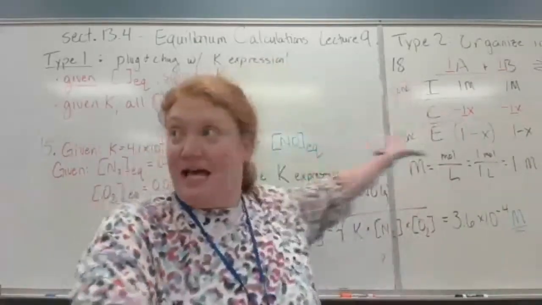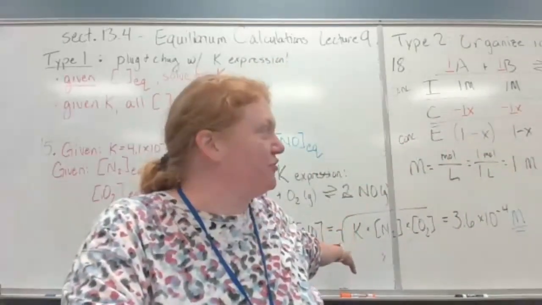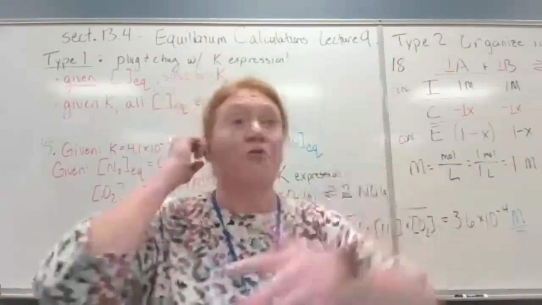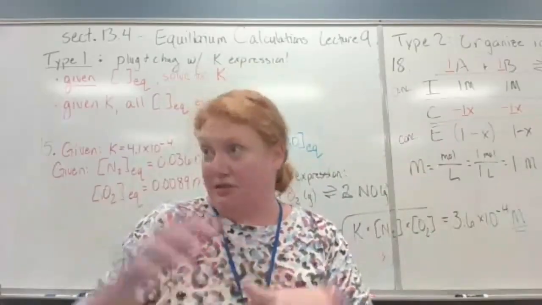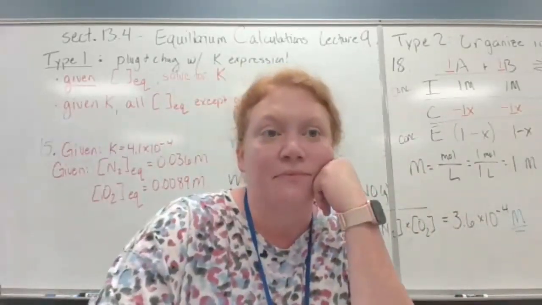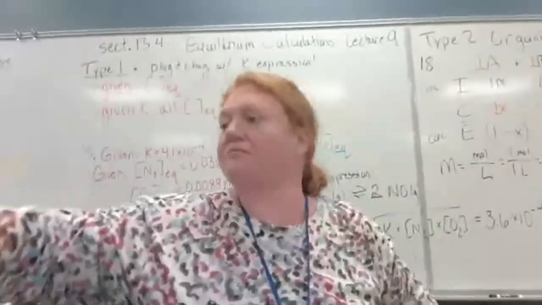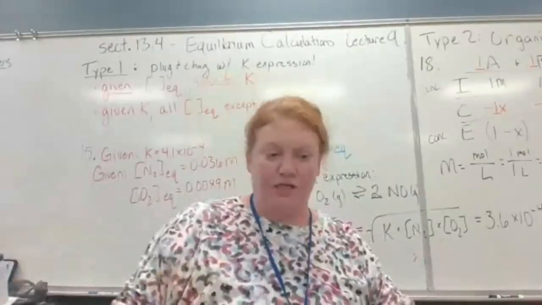The equilibrium problem set, I'll open it and you could probably get through the first few with just type 1, or go through and try to identify anything that is a type 1. Anything that's a type 2, you can try to do that, right? Okay. So you're going to be working on chapter 13 homework over the weekend.